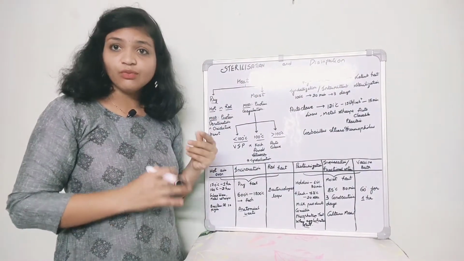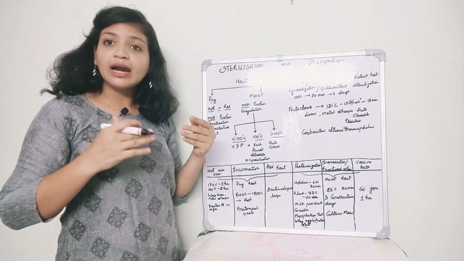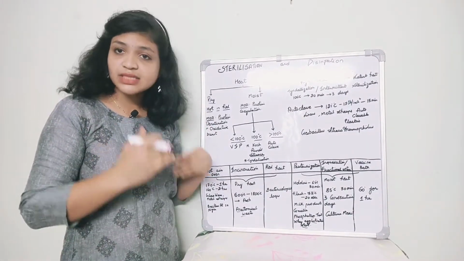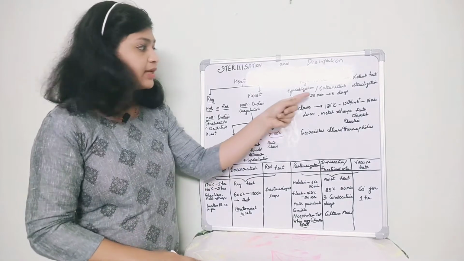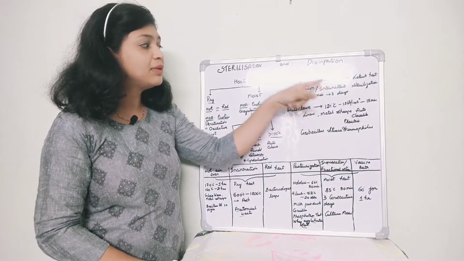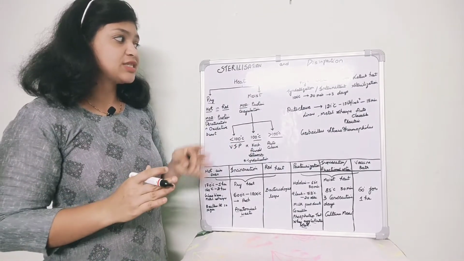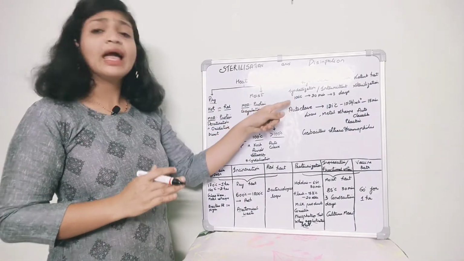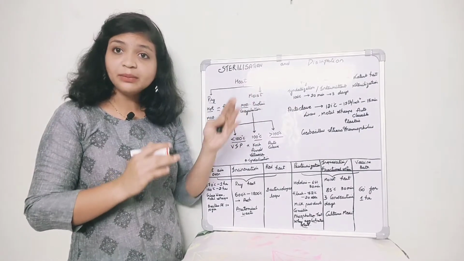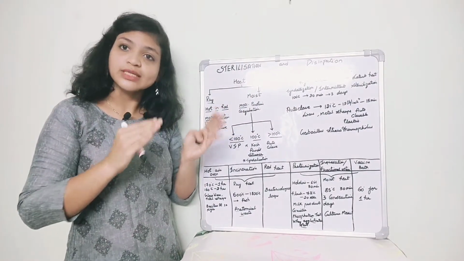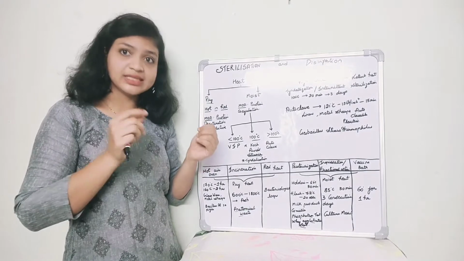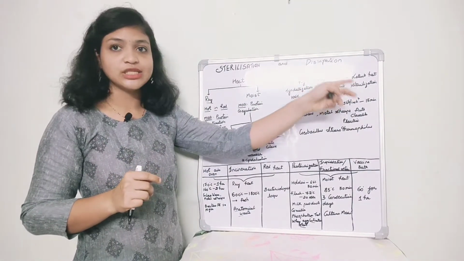Steam has a very high penetration power and the heat is latent heat, and in this way it will kill the bacteria. Next, tyndallization or intermittent sterilization. We call it intermittent sterilization because at 100 degrees Celsius for 20 minutes we do this process on 3 consecutive days. So tyndallization is an intermittent sterilization process.